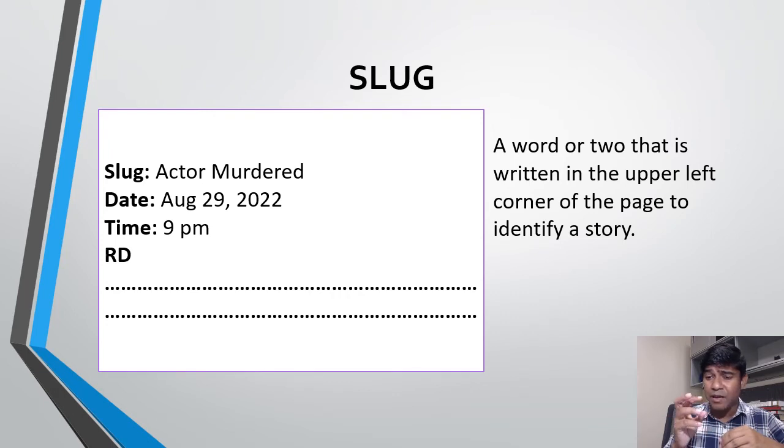By following that slug, the editorial members, the senior reporters, the sub editors, prepare a list of stories for that day, and that includes your slug. So the day for a broadcast media reporter begins with a slug.